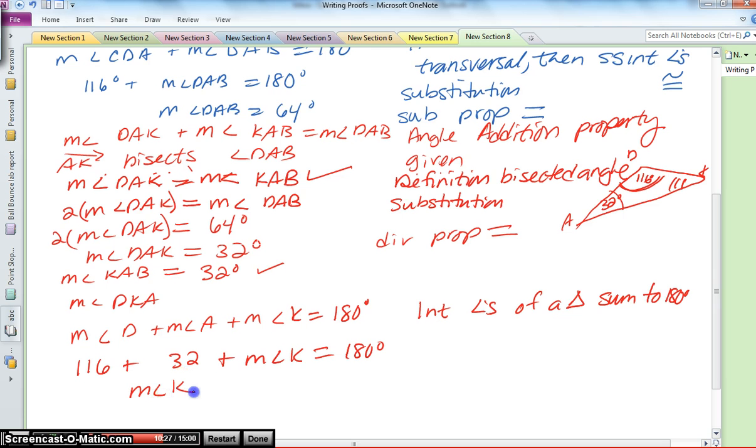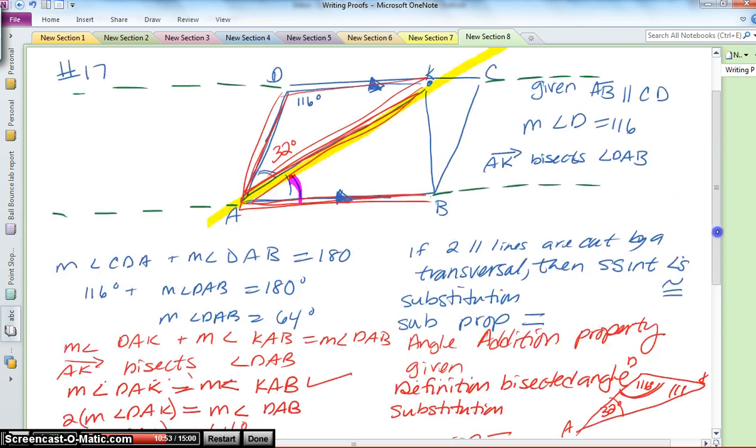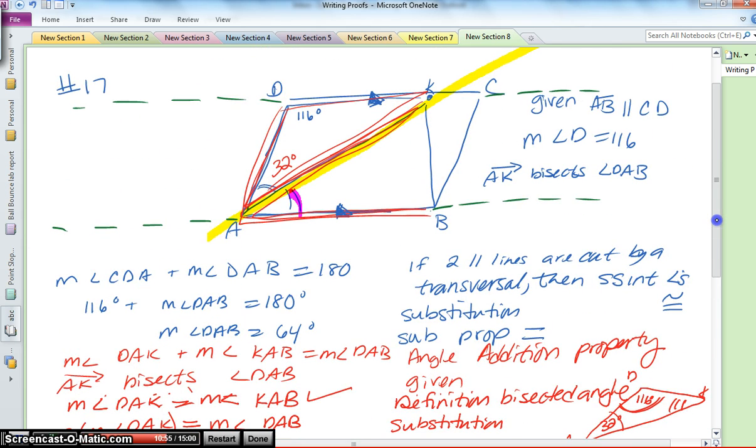So measure of angle K by the subtraction property of equality must be 32 degrees also. Check. Does 116 plus 32 plus 32 equal 180 degrees? Yes, it does. So there's our measure of angle DKA.